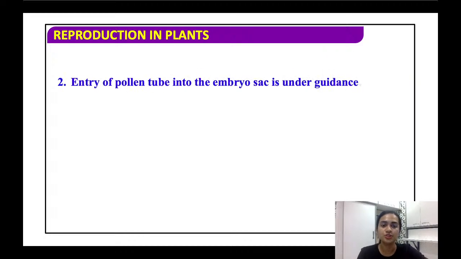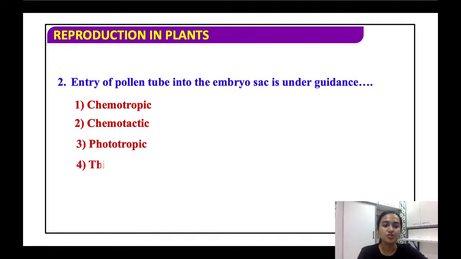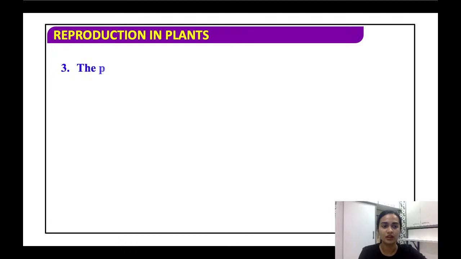Entry of the pollen tube into the embryo sac is under the guidance of: chemotropic, chemotactic, phototropic, thigmotropic. The correct answer is under the chemicals. The word chemicals is related to chemotropic. Alright.